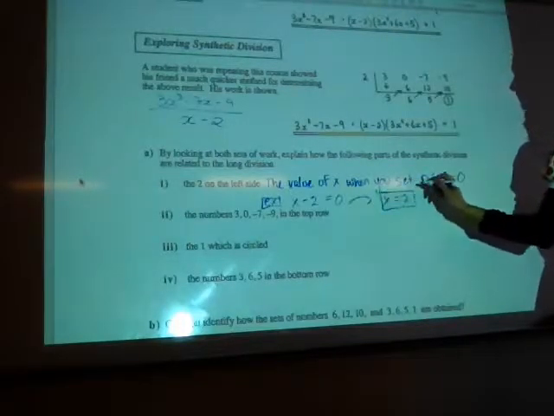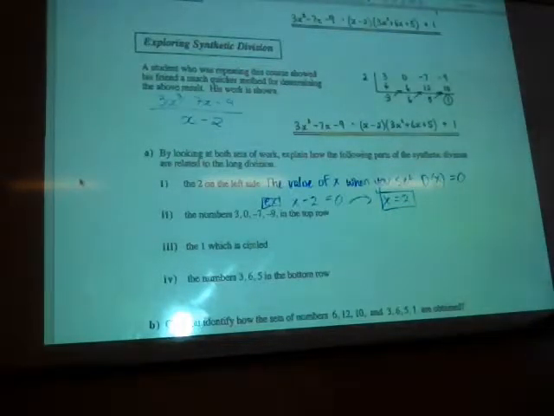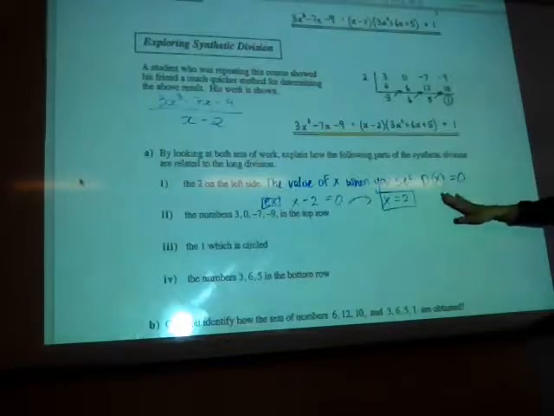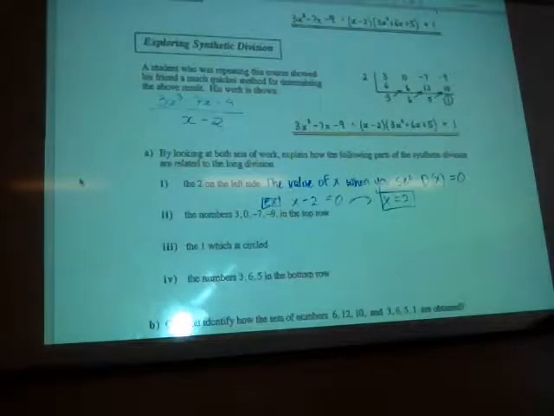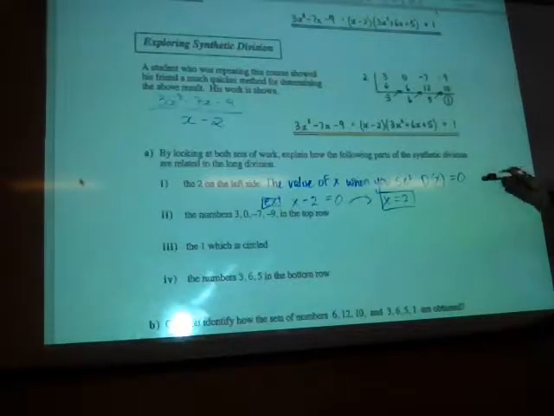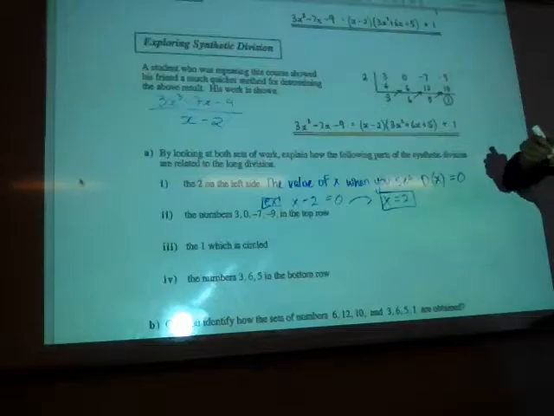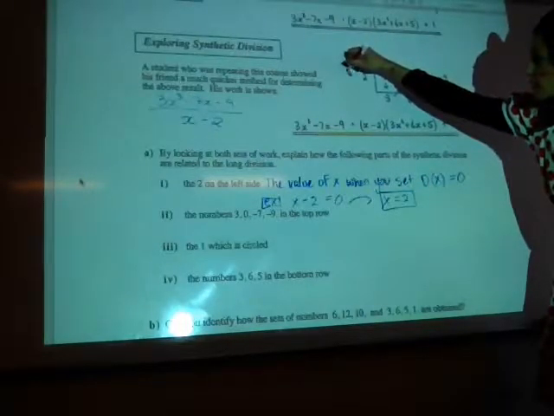Positive 2. So d of x just stands for divisor. Okay, so that's where this 2 came from. And if you want, you can label that. That's the divisor.